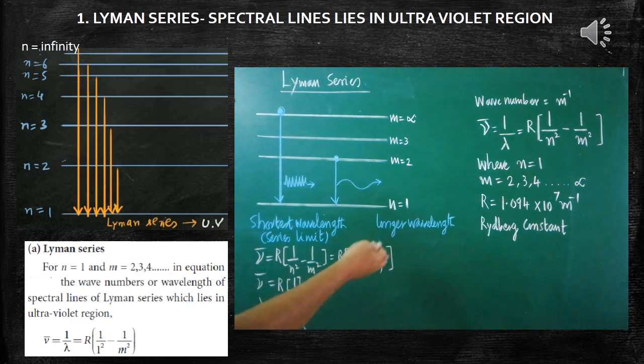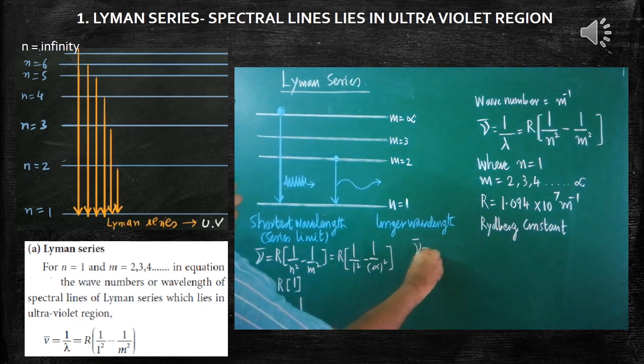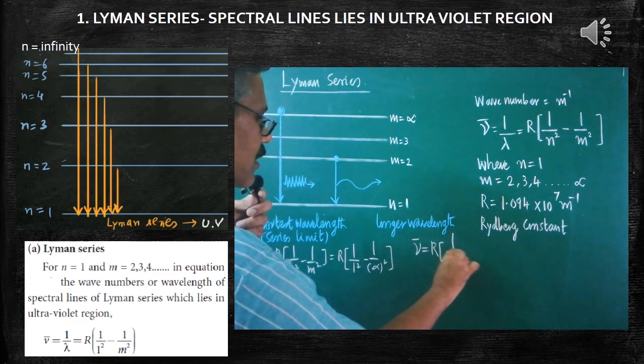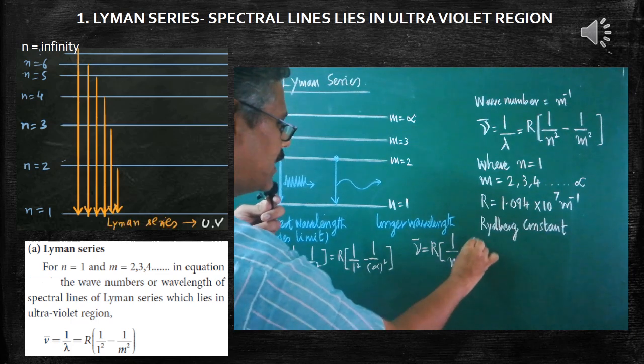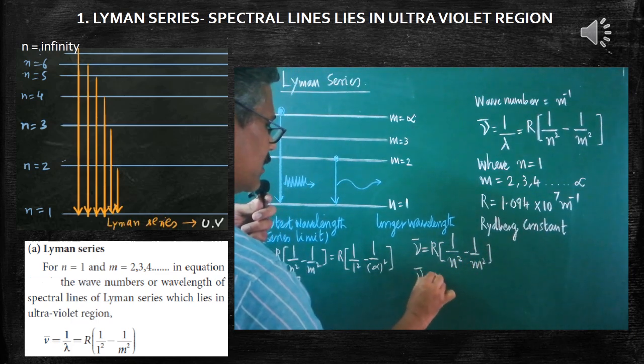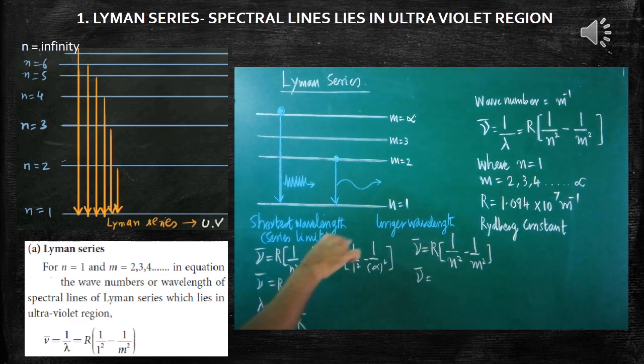In the same manner, we have to calculate the longer wavelength spectral line in the Lyman series. How to calculate? Same formula. Nu bar is equal to R into 1 by n square minus 1 by m square. The longer wavelength radiation will be emitted when the electron jumps from second orbit to the first orbit. Substitute here.